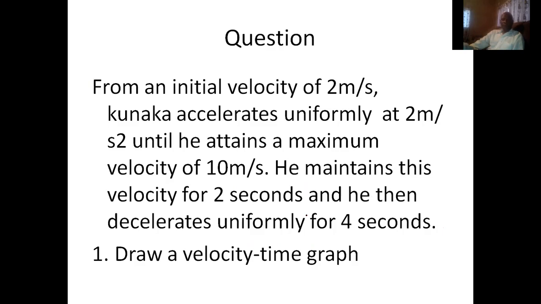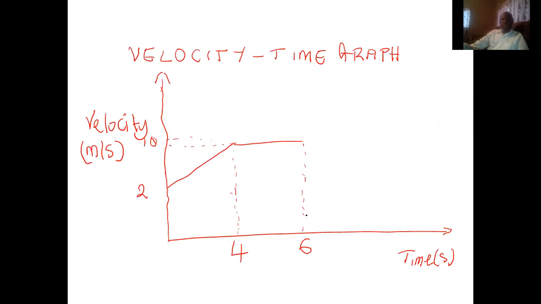He then decelerates uniformly for 4 seconds. So if you add 4 seconds plus 6, that would be 10 seconds. It means that now we have completed drawing our velocity time graph.